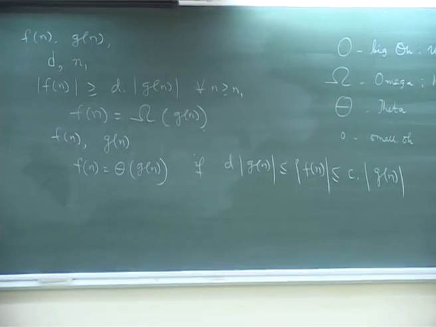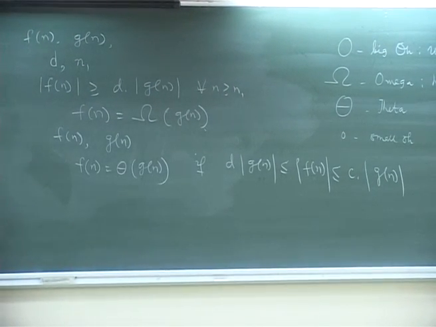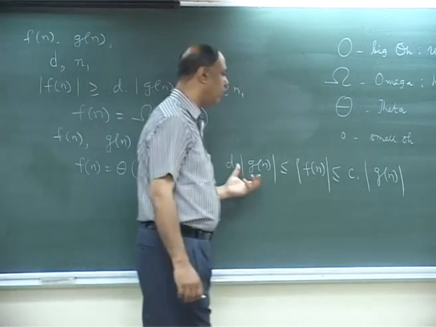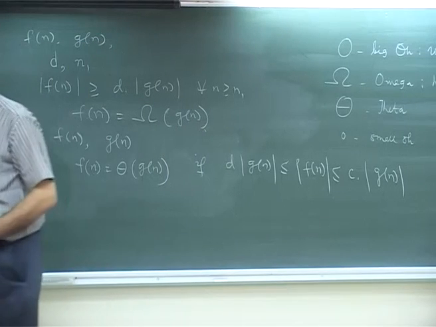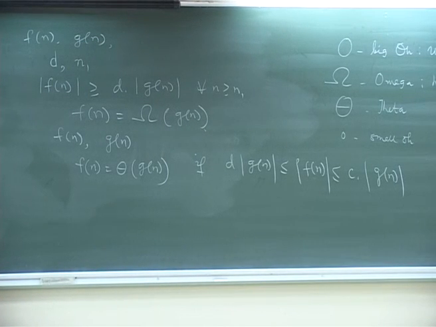Right? That means that f(n) is achieved in both the lower bound and upper bound, within constant factors. So we introduce the notation theta for this purpose.